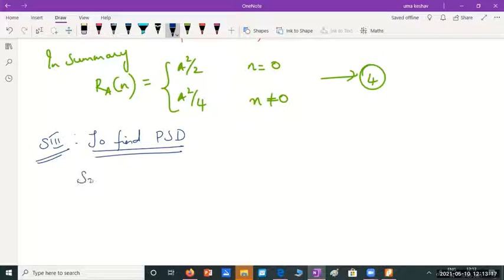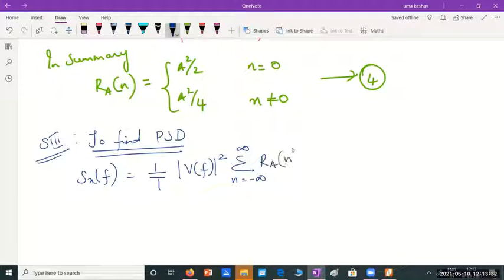We know power spectral density Sx of f is 1 by T V of f the whole square, summation n equal to minus infinity to plus infinity, the autocorrelation function into e to the power of minus j2 pi f n T. This is the standard expression for the power spectral density function.